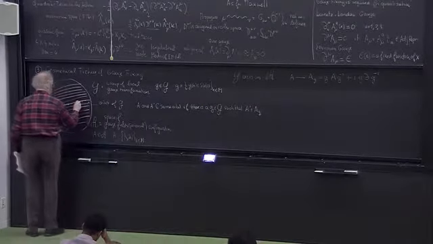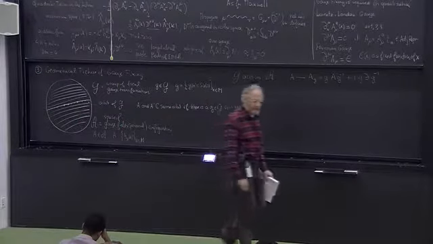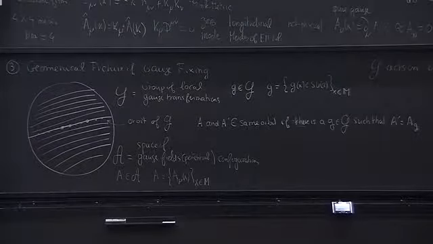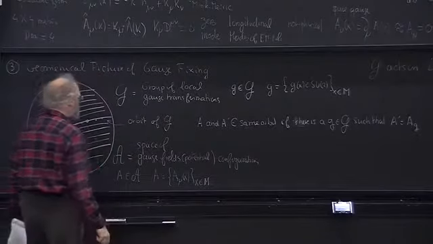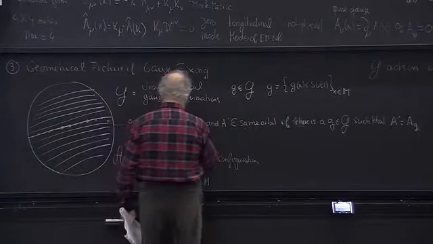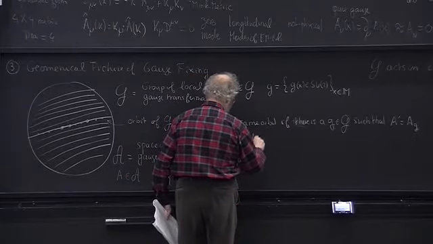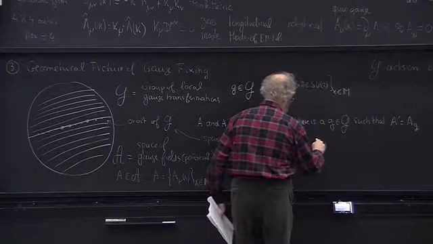So the only thing you need to check is whether A of x and A prime of x... Well, you have to look whether you can find a gauge transformation that maps A and A prime. So an orbit of A is a space of all A's equivalent by gauge transformation.